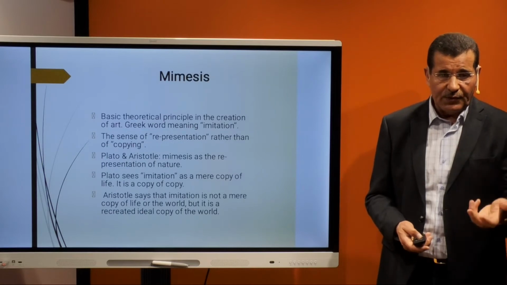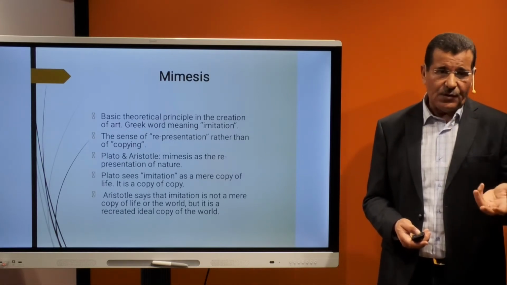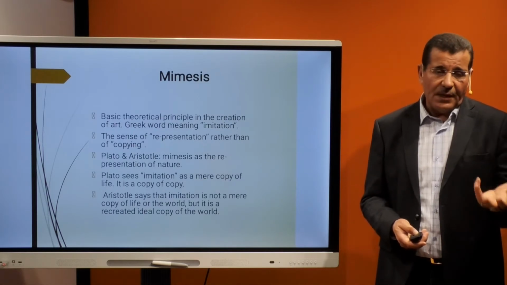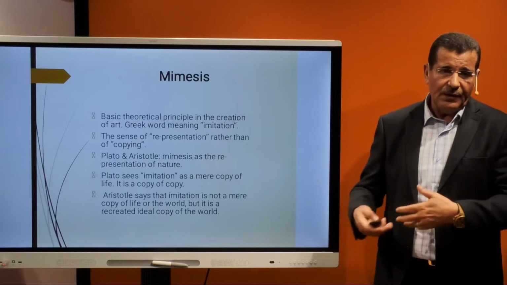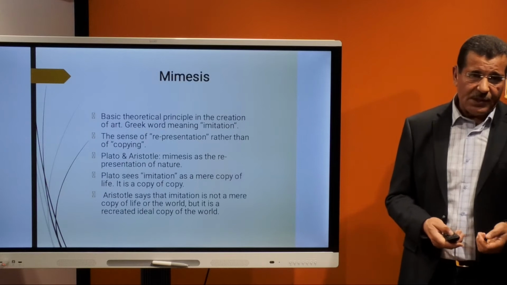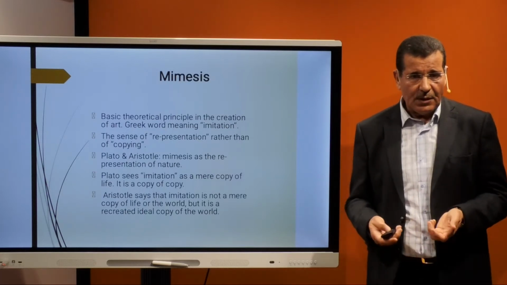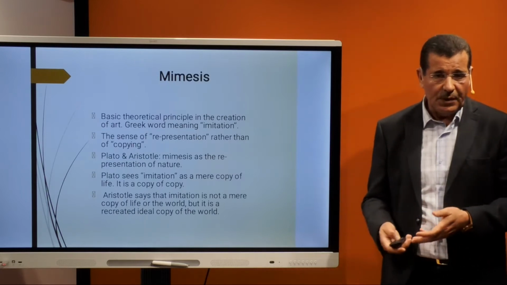It is a copy of a copy, because it is based on his philosophical precept that life is just a shadow of an ideal reality that exists somewhere else. But Aristotle says that imitation is not a mere copy of life or the world, but a recreated ideal copy of the world.